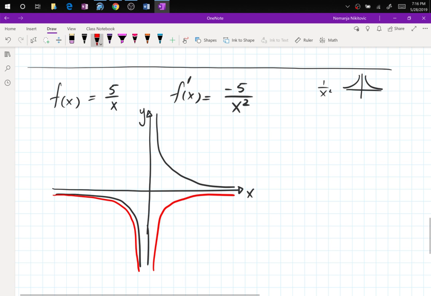This one is going down because it's negative. So now that's my f prime of x, and the black one is f of x.